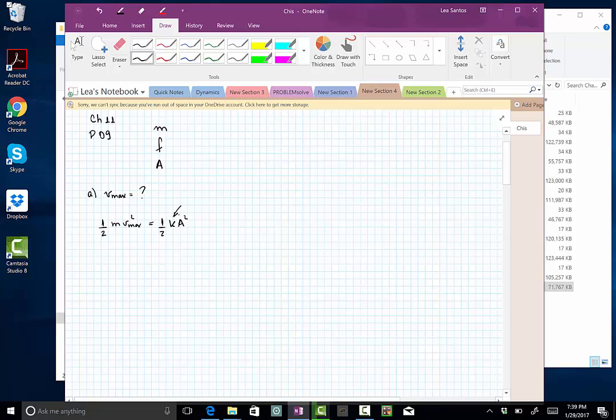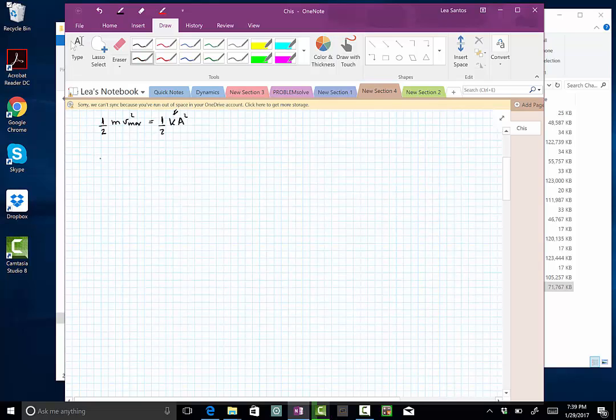I could go and try to find this constant, but let me look at other equations for the maximum speed. From that analogy between the simple harmonic motion of the spring and the uniform circular motion, we also found that Vmax is equal to 2 pi amplitude divided by the period.